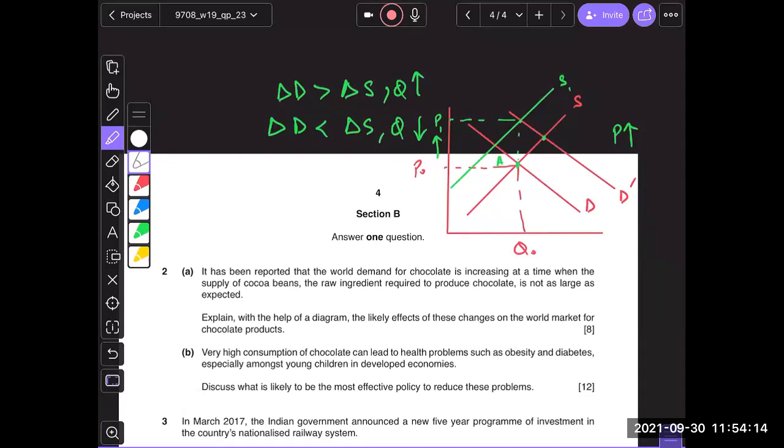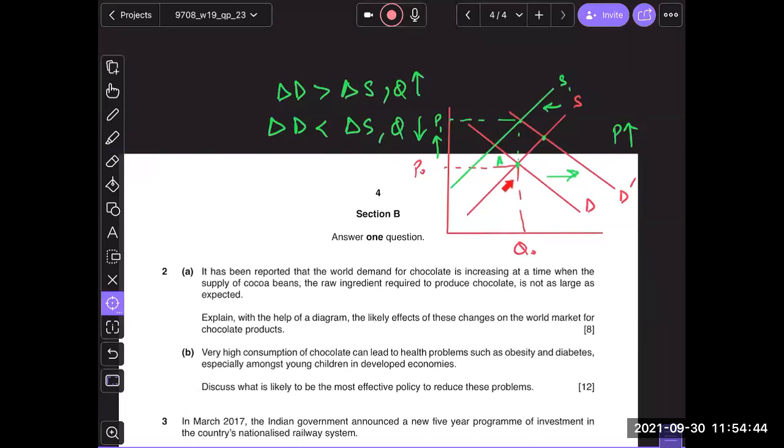Like cost of production going up, and in this case, the cost of production is going up because the raw ingredient has a shortage. So both the factors will make the supply curve shift backward and the demand curve shift to the right. The quantity will go up or down depending on the magnitude of the shift of demand and supply.